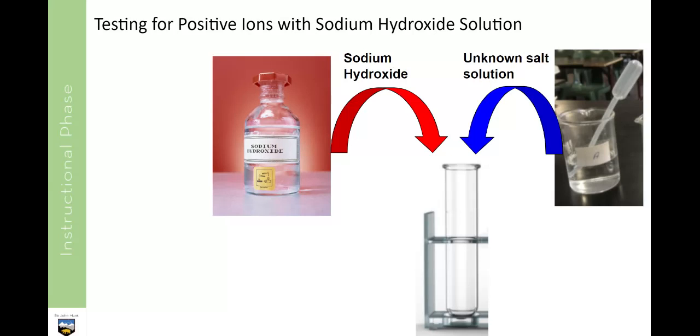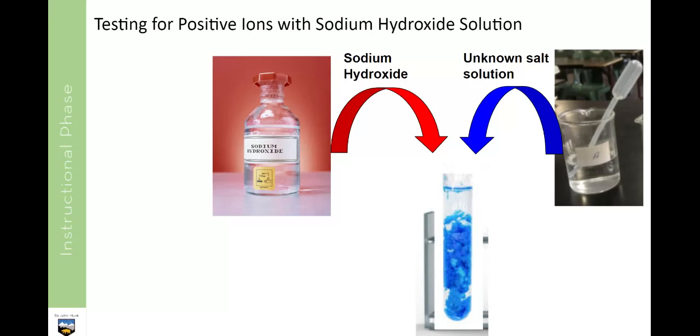Now, in this case, you can see we've got a blue precipitate, a blue solid. Now, I know that a blue solid is copper. It shows me the presence of copper because that blue solid that is formed there is actually copper hydroxide.